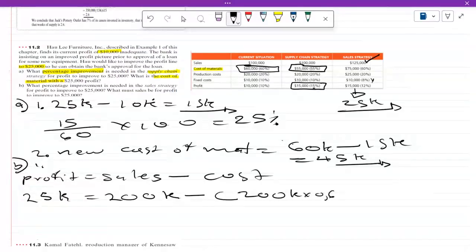So this is how we get this from here. Minus this other one, 200K multiplied by 0.2.